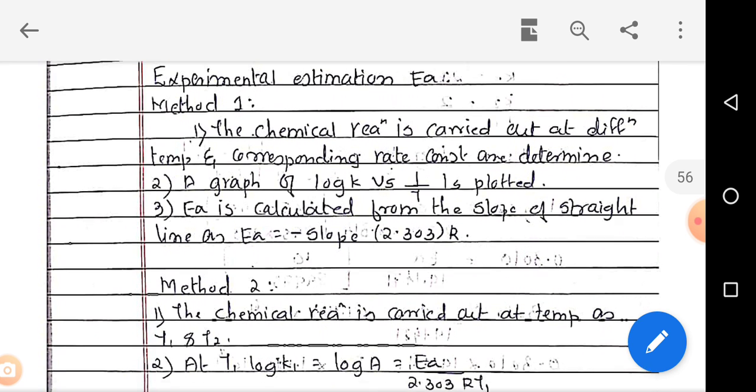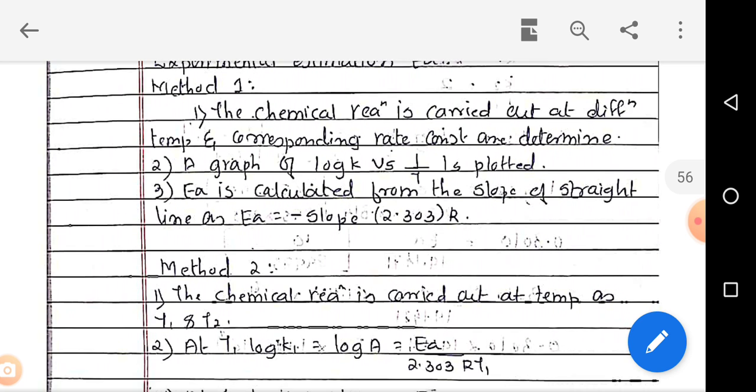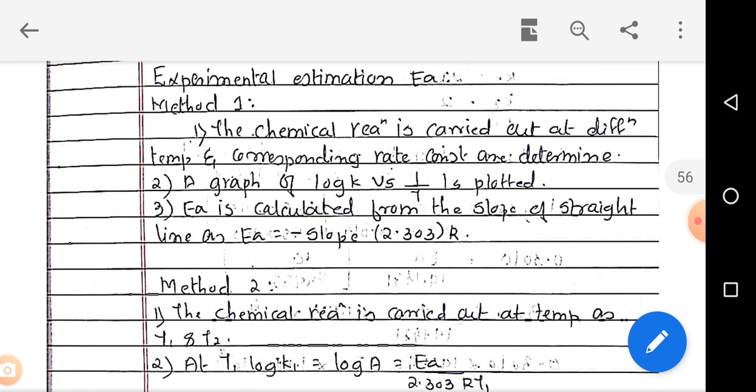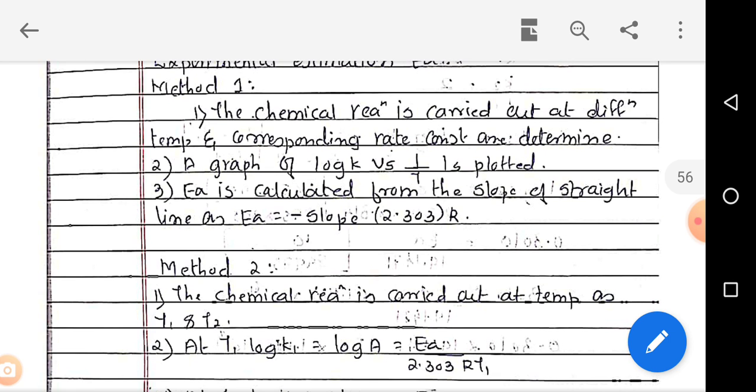So there are two methods for the estimation of Ea, meaning the value of Ea, to find out how much activation energy is gained or required or converted for the reactions. In one method, the chemical reaction is carried out at different temperatures, and the temperature is also providing some amount of energy to the reactants.